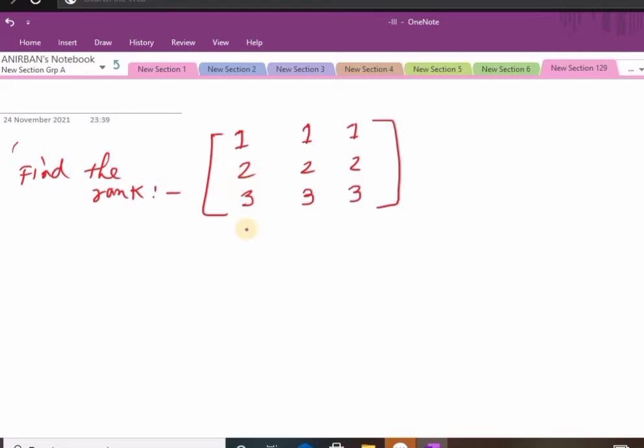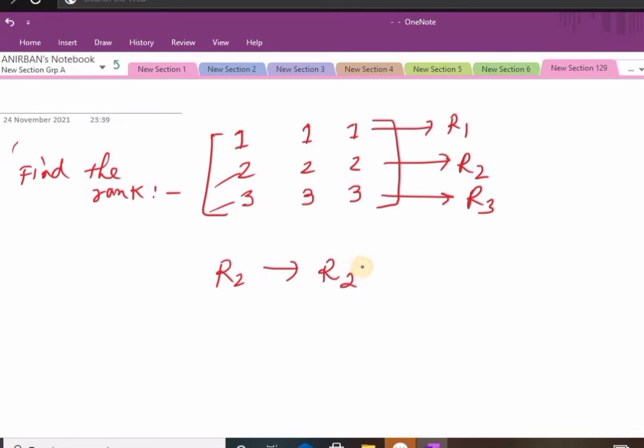This is a very easy one, because you can simply make these two rows 0 easily. This is our R1, R2, R3. At first modify R2 as R2 minus 2 into R1, and modify R3 as R3 minus 3 into R1. So this is also an echelon form.